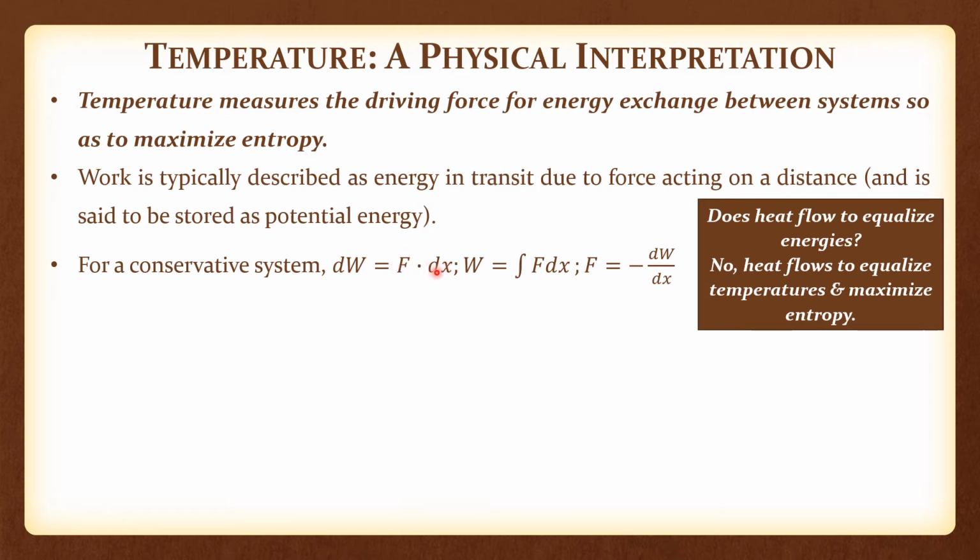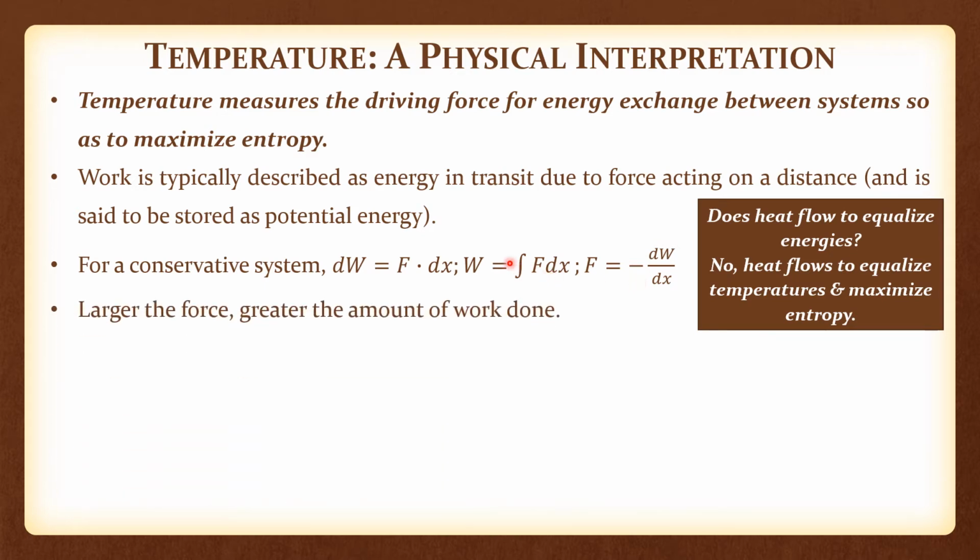So F dx is dW, and if these two are not in the same direction, you take the inner product or dot product, and then you get the differential amount of work done. The total work done is simply the integral of F dx, and the force itself is the gradient of W with respect to x, the derivative of W with respect to x. So this is how you define work done.